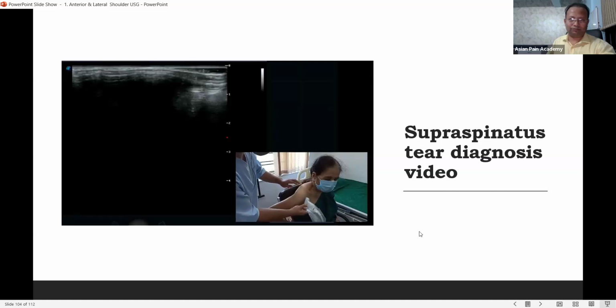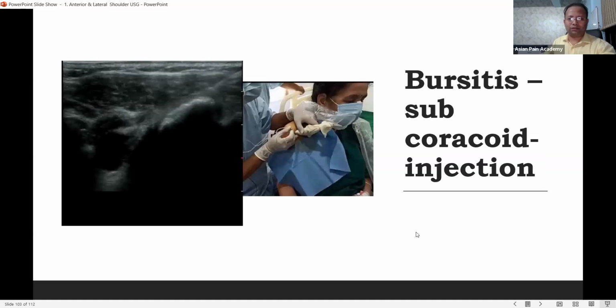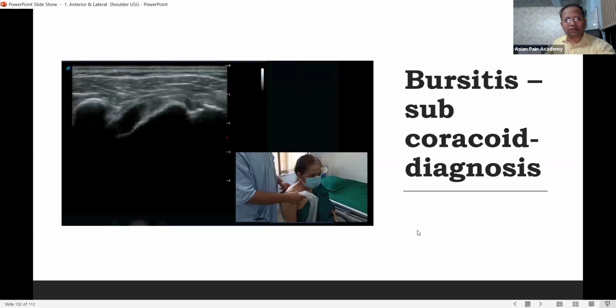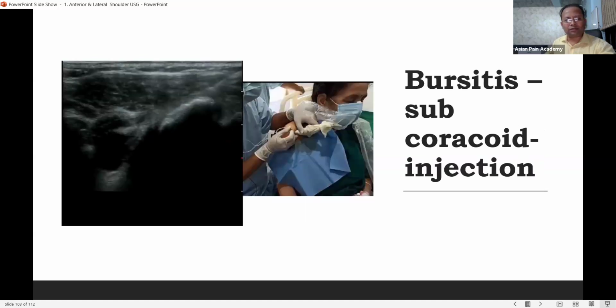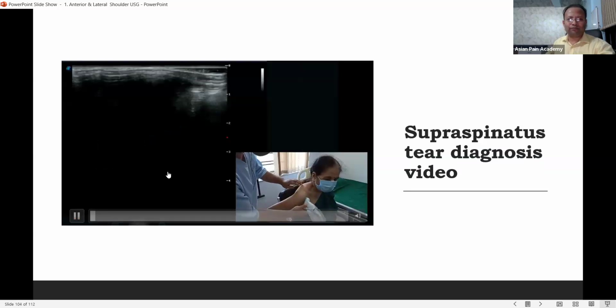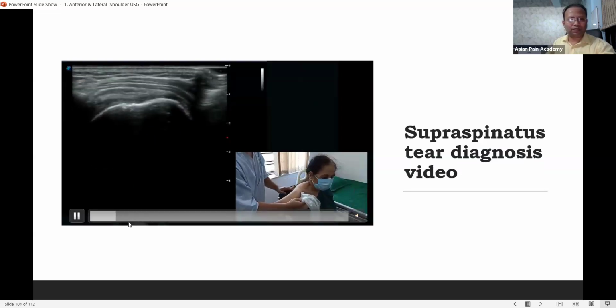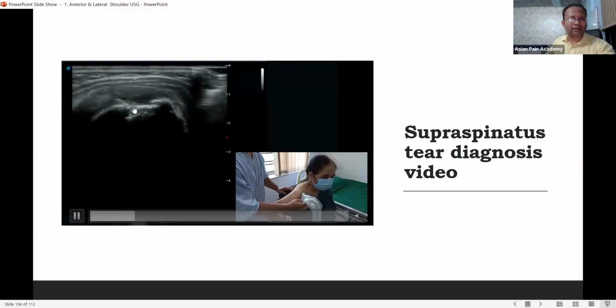The supraspinatus tendon. So this is bursitis, diagnosis. Okay, so supraspinatus tear diagnosis. Here you just see the same thing. Here it is an articular side tear. Articular side incomplete tear.